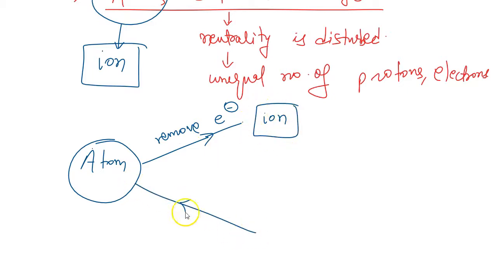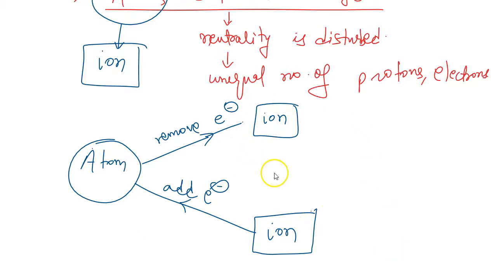In case I add an electron, then also the balance of equal protons and electrons is disturbed and I'll get an ion. So that ion which is positively charged, we call a cation. In which case will a positively charged ion be formed? The one where we are removing electrons.